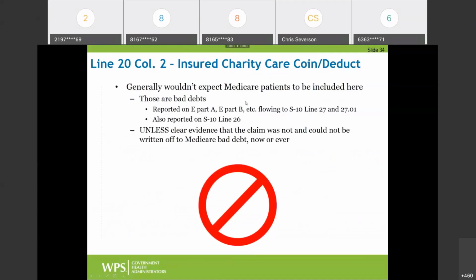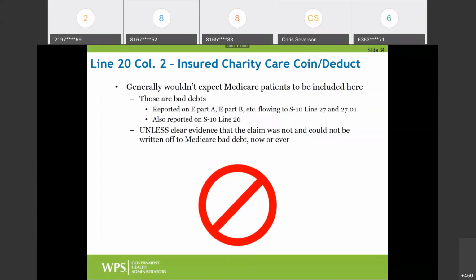Now, here's the other thing I want to mention. For this column 2 insured, we're talking charity care, so we generally would not expect to see a Medicare patient included here because generally a provider would write that off as a Medicare bad debt. However, that's not an absolute disallowance.